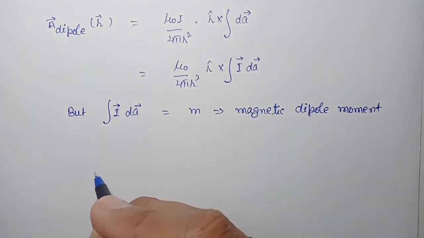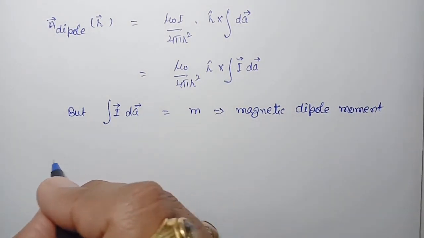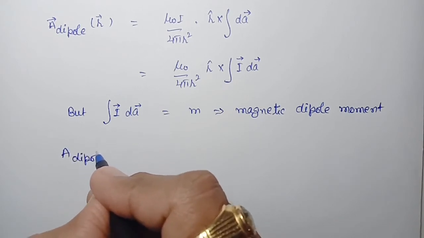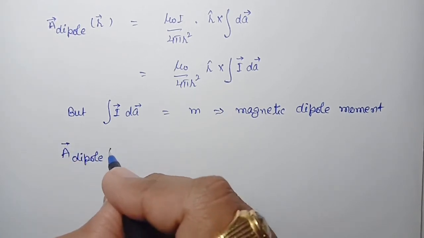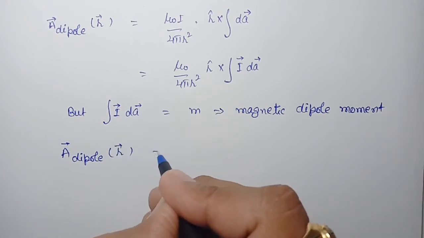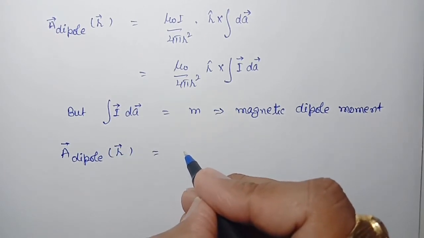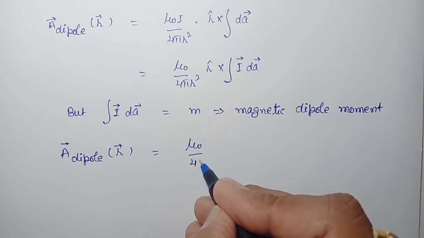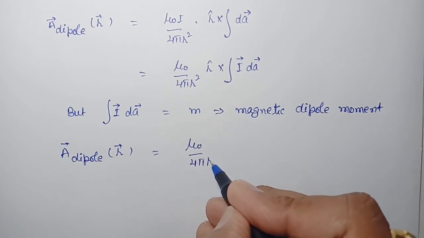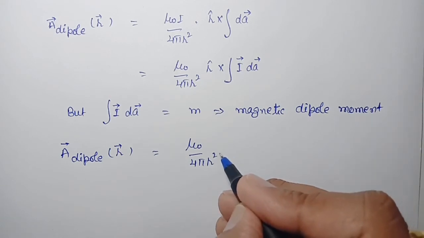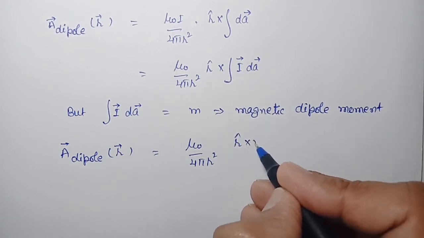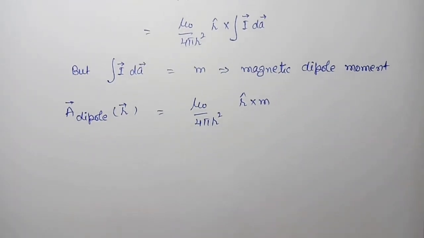So finally we can write the vector potential due to dipole is equal to mu naught over 4 pi r squared, and here we can write r cap cross m.